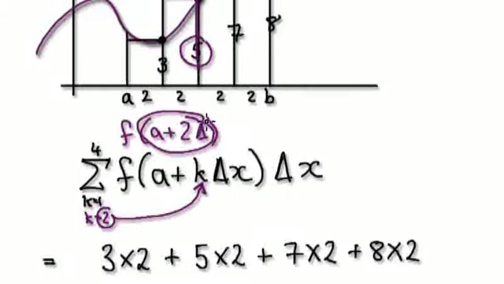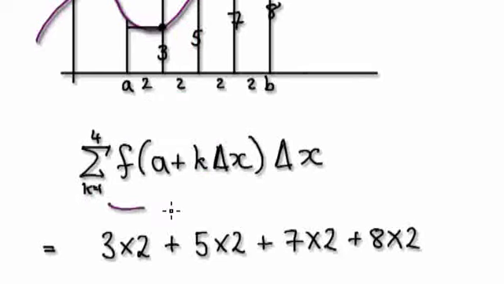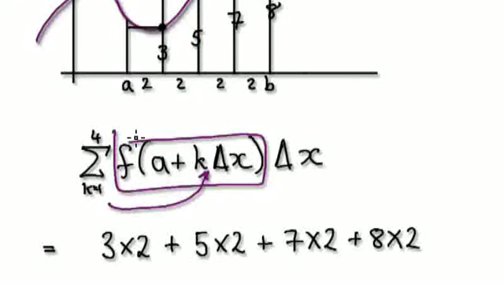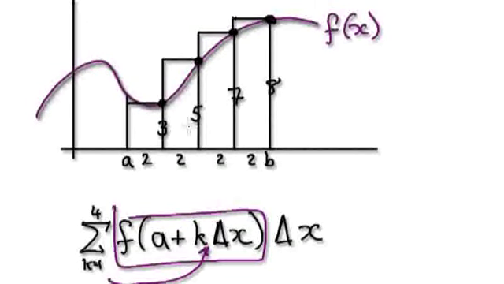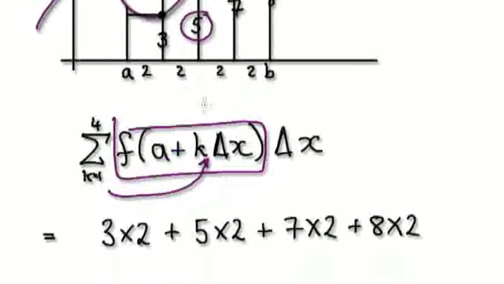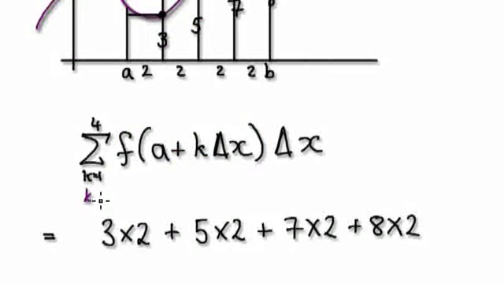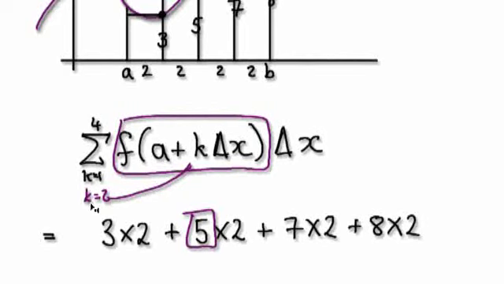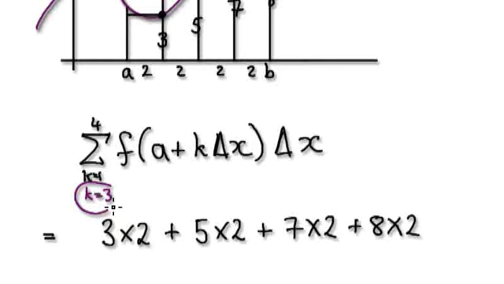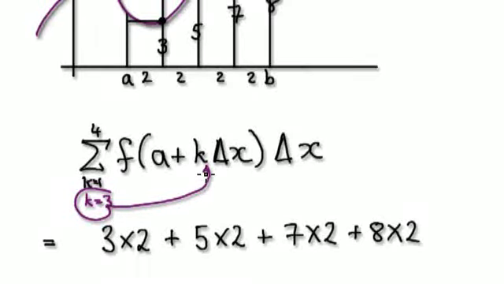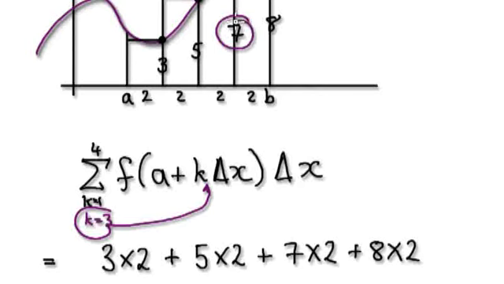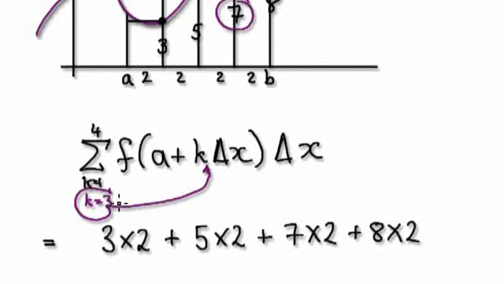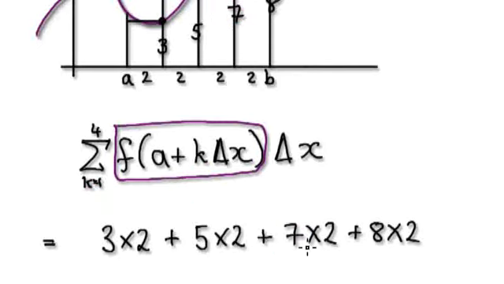So when k equals 2, this whole thing here is 5. When k equals 3, when you put it into here, it will be 7. Don't forget, delta x is always 2.